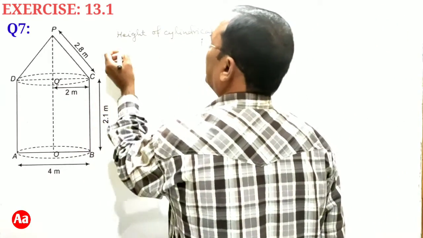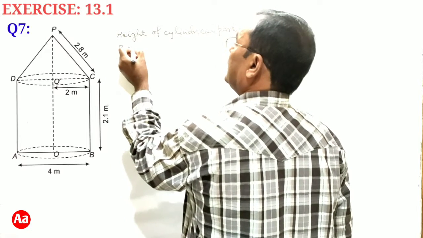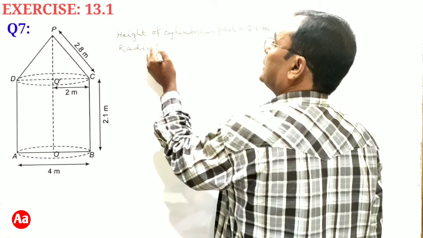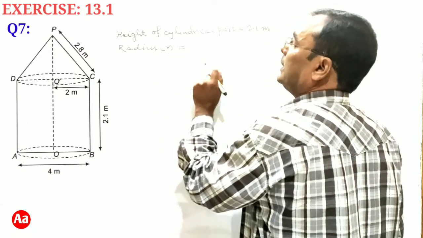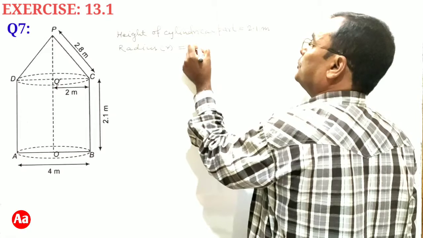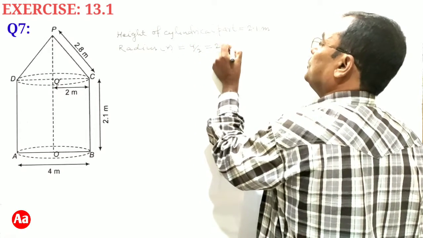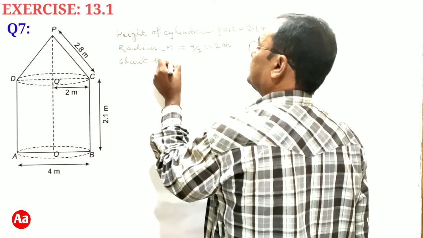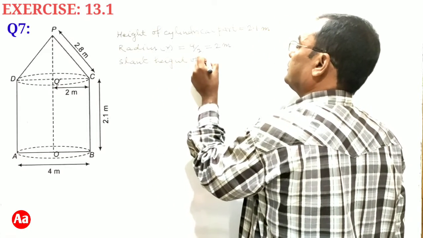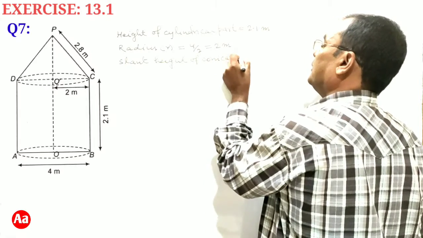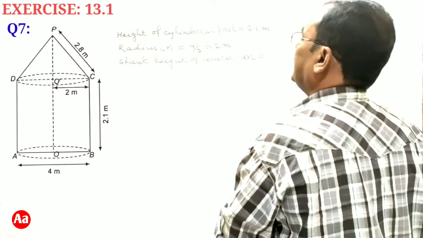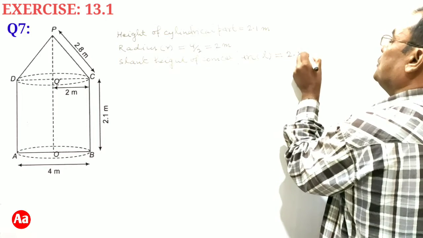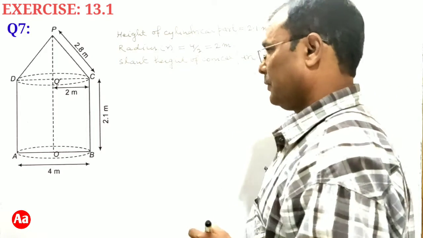Diameter of the cylindrical part is given as 4 meter, so directly let's write radius of the cylindrical part and also radius of the base of the conical part of the tent, 4 by 2, that is 2 meter, and slant height of the conical part of the tent denoted by L is also given, 2.8 meter.